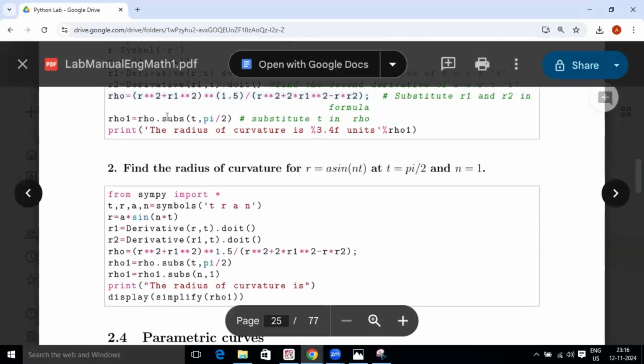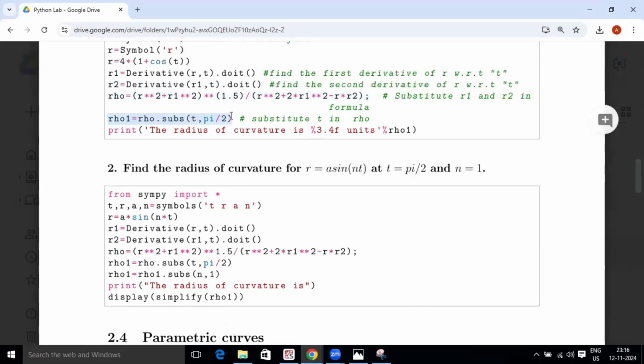And this line substitutes t equals pi by 2 into the expression for rho to find the radius of curvature at that specific point.